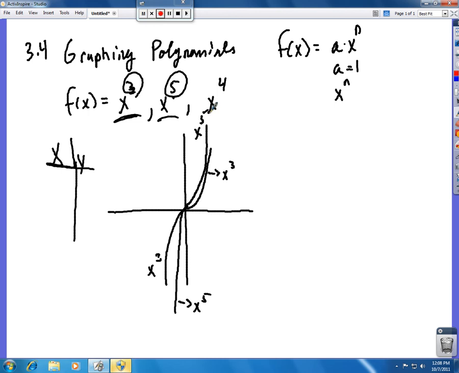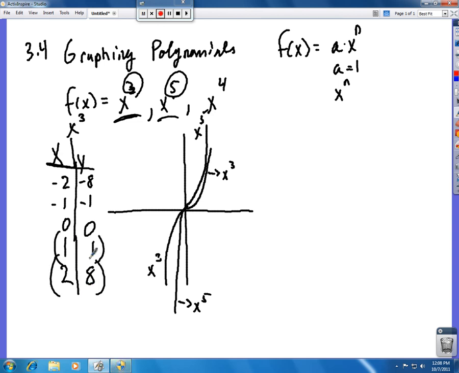Just like they did in the book, they chose some values, and you can choose whatever ones you want. These are some that they had chosen, and as you plug them into x to the 3rd, these are the outputs that you'll end up getting. All they did was plot each one of these points.